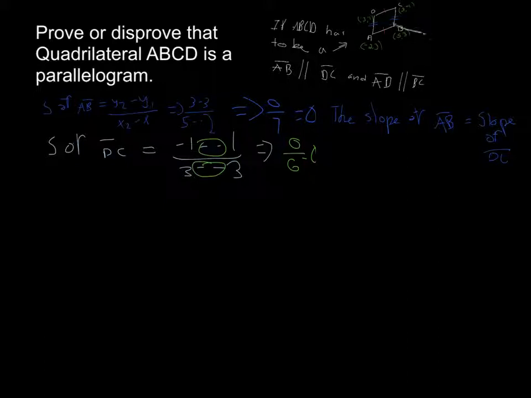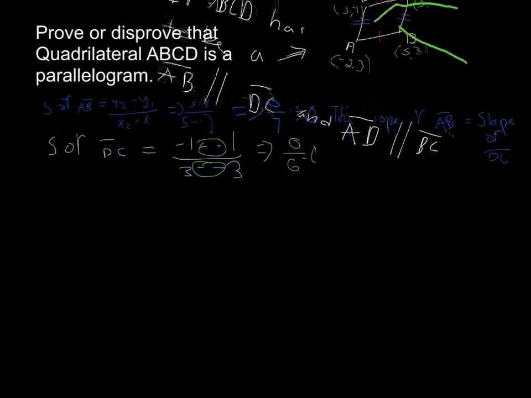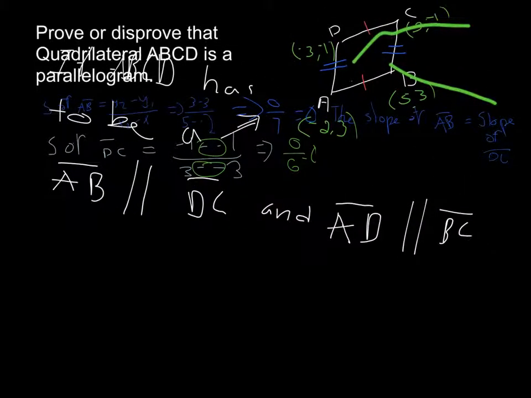For example, in this parallelogram, we know that the slope of AD should be equal to the slope of BC. So here AD should be parallel to BC.